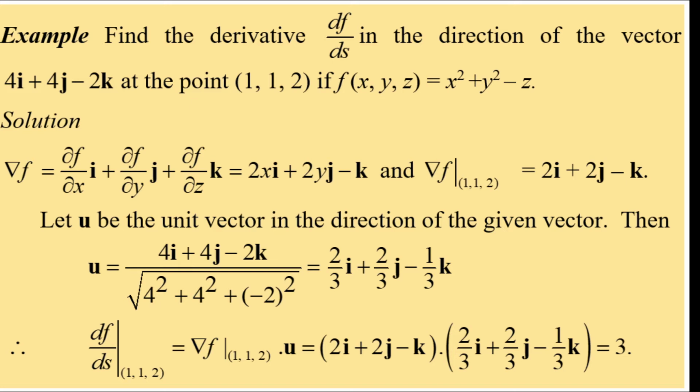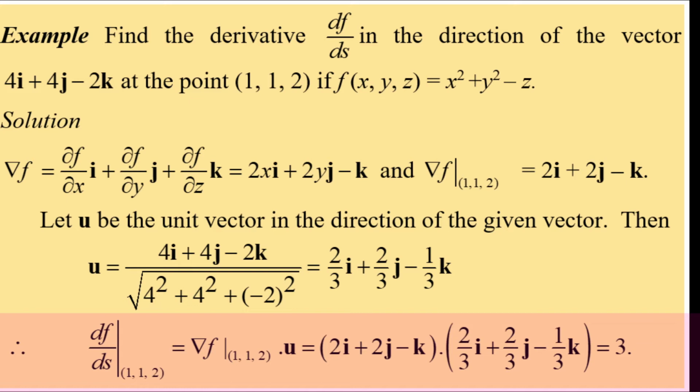Now we find the directional derivative of f at the point (1, 1, 2) in the direction of 4i plus 4j minus 2k by finding the dot product of the gradient vector with this unit vector, and using the properties of dot products, we have i dot i is equal to 1, i dot j is equal to 0, and so on.